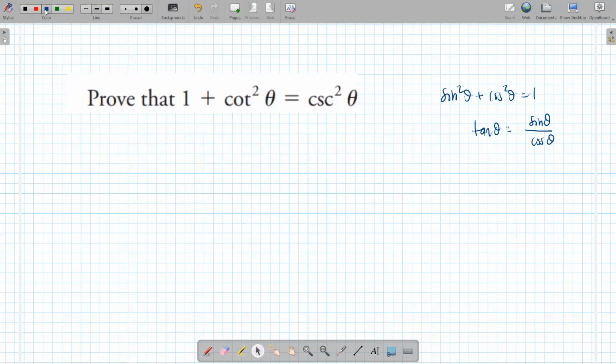Let's look at this one. What is the formula for cotangent? It's a reciprocal of something. What's cotangent a reciprocal of? Sine, cosine, or tan?